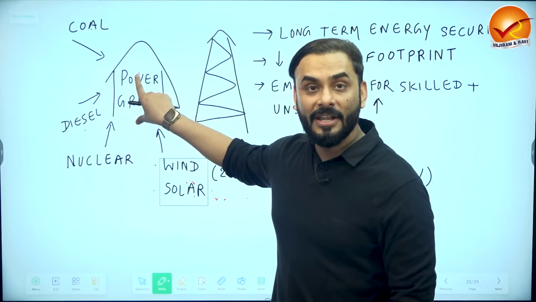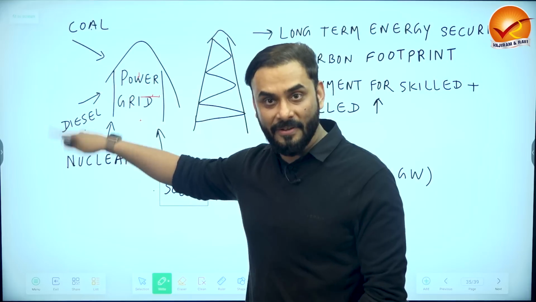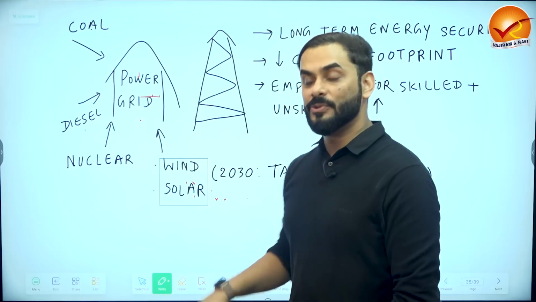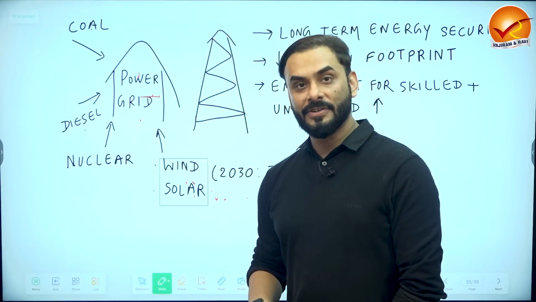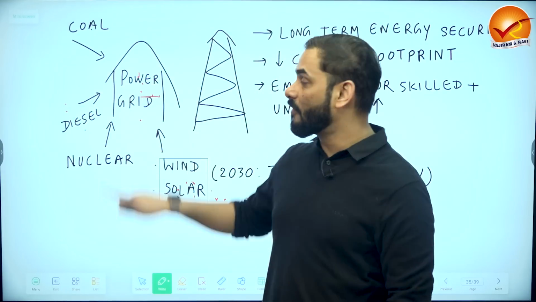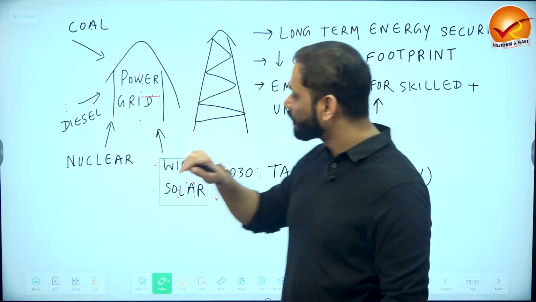So in the power grid, electricity will come from two sources: conventional sources like fossil fuel, and renewable energy sources like solar energy and wind energy. Both will contribute electricity in the power grid, and from this power grid, electricity will be transmitted to different parts of the country.